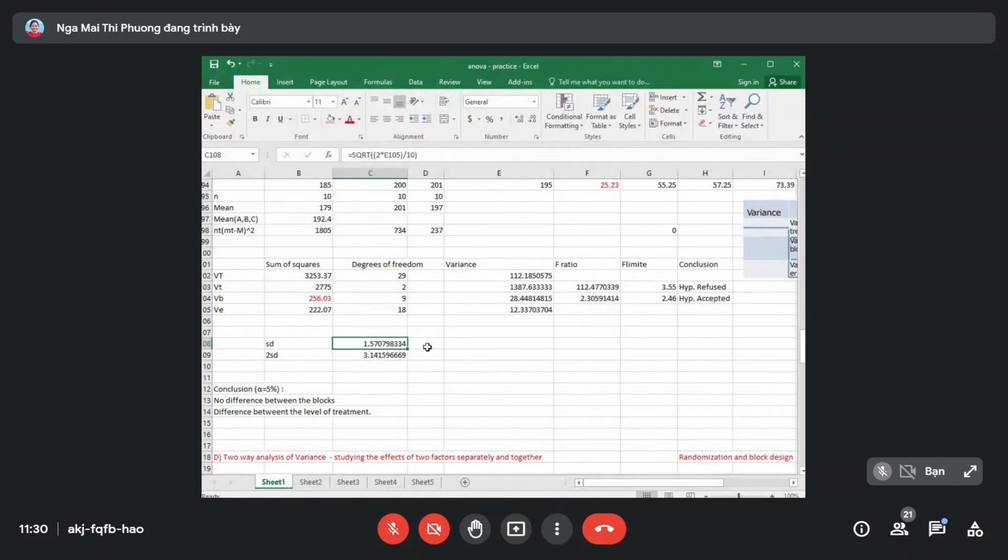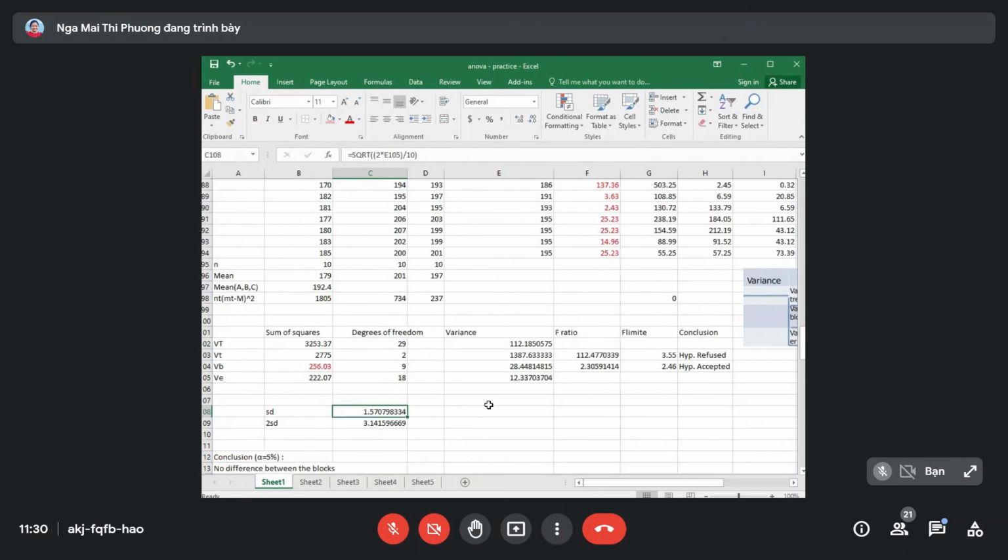So you have SD equal 1.57. 2 SD is 3.14. And the mean of two groups we calculated before.